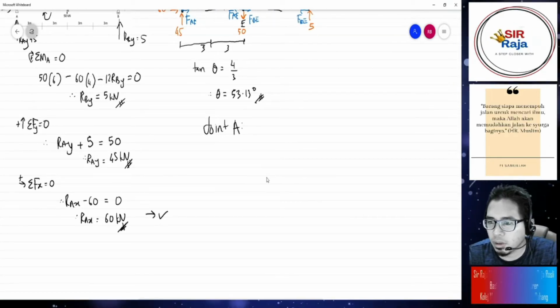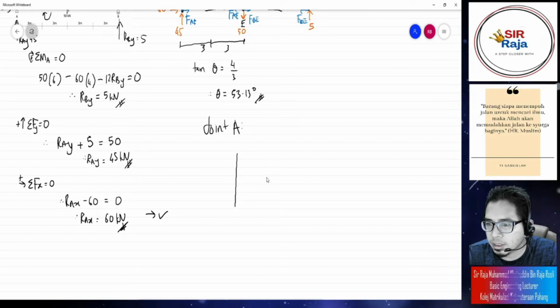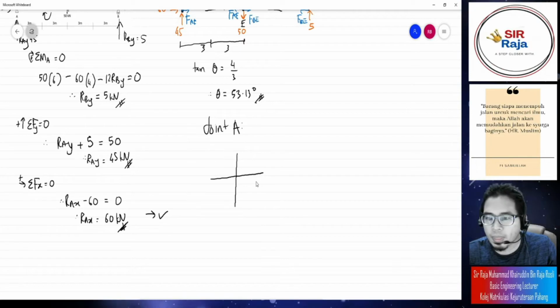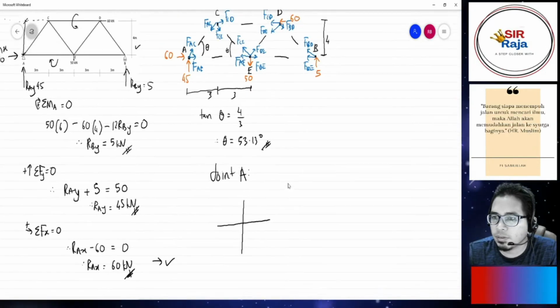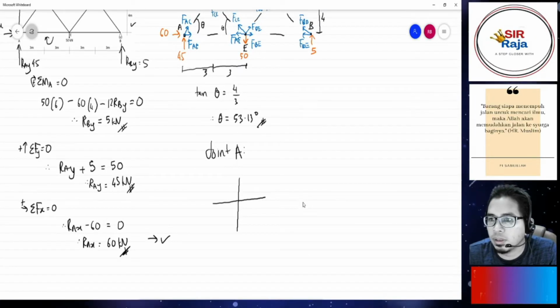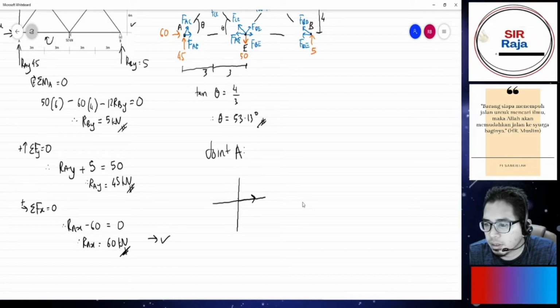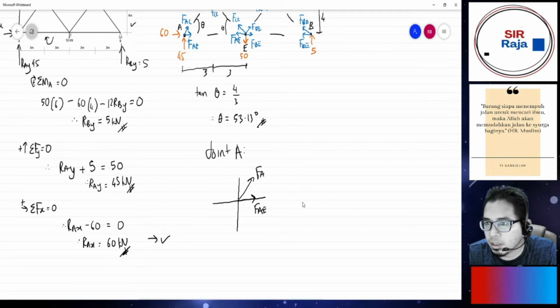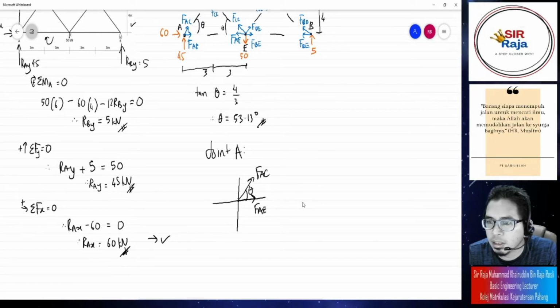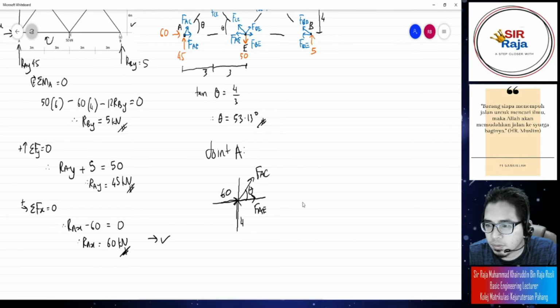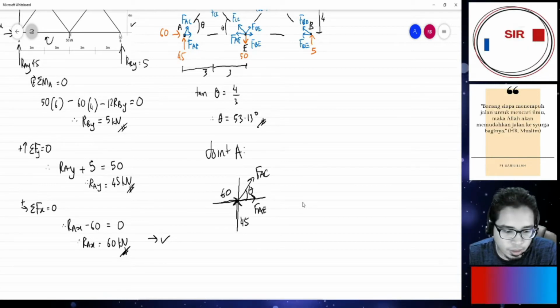So we're going to zoom in on joint A and start by drawing your XY axis. From the diagram, we have FAE, FAC with that angle theta, and then 60, and then 45 going upward. Alright, and that's it.